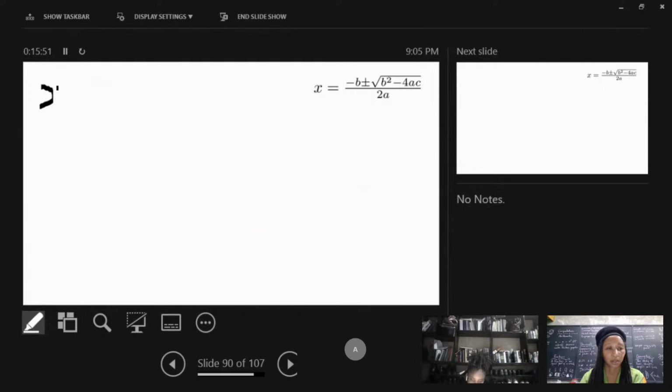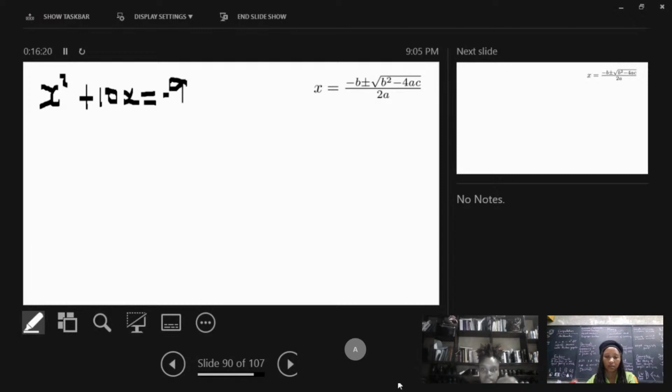Okay. All right, Imani, x squared plus 10x equals negative 9. Okay, miss. So we have to put it in the correct form.